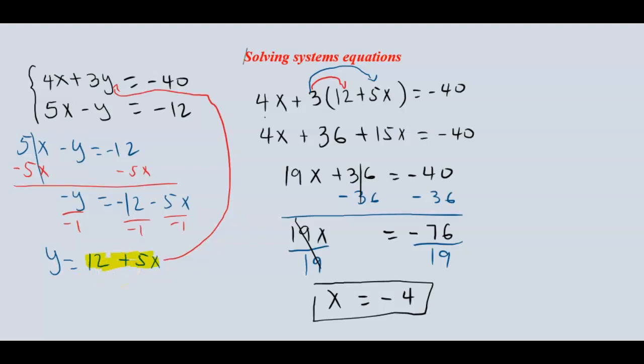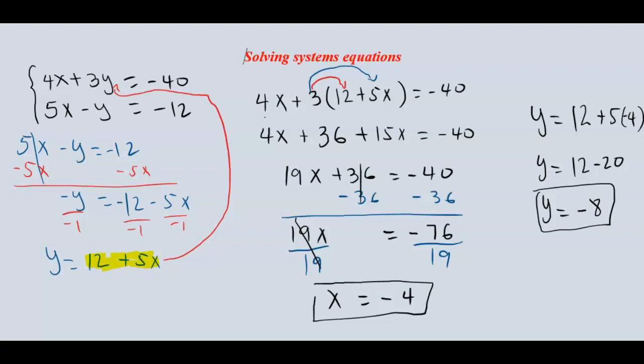Okay, so I'm gonna have y equal 12 plus 5 times negative 4. X is negative 4. So we're going to have 5 times negative 4 is negative 20. So we're going to have y equal 12 minus 20, which makes y equal negative 8.